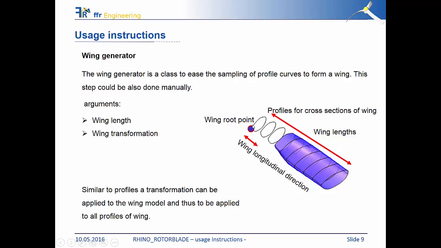Assume you want this wing to have some kind of a bend here, and you will see it in the pictures. And then each of those cross sections that you add has to be positioned with respect to the base point or base cross section with either some angle or some translation.